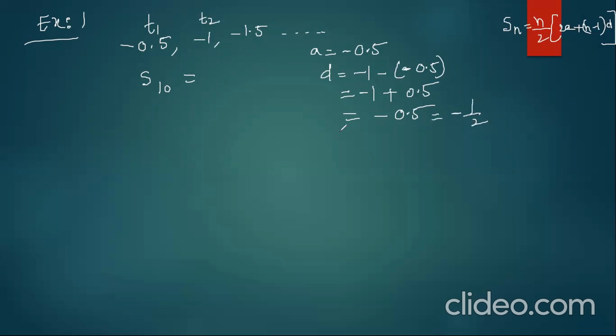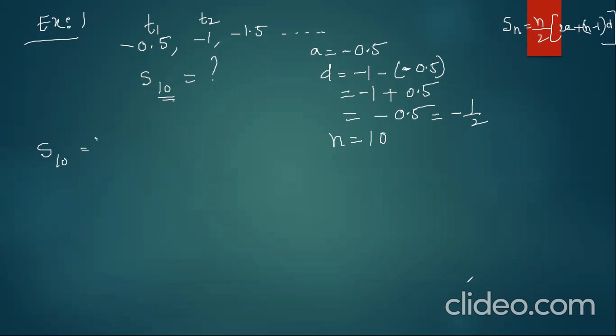Can I write 0.5 as 1 by 2? Okay. Now how many terms here? n is equal to 10. So I'm writing S10 is equal to question mark.